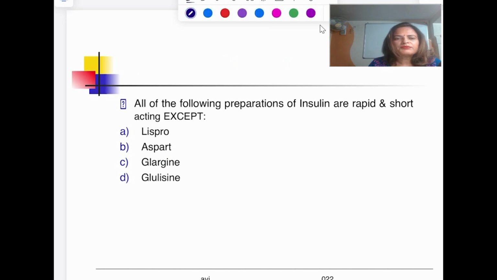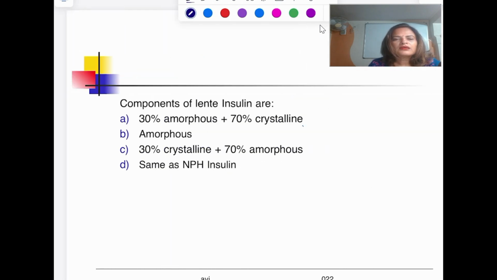The first multiple choice question: all of the following preparations are rapid and short acting except. Rapid and short acting are lispro, aspart and glulisine. These three I told you. Glargine is peakless, ultra long acting. The component of lente insulin: lente insulin is the only one which is marketed, so it is a component.